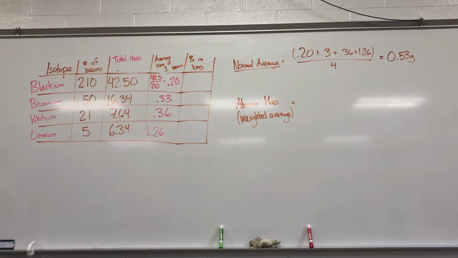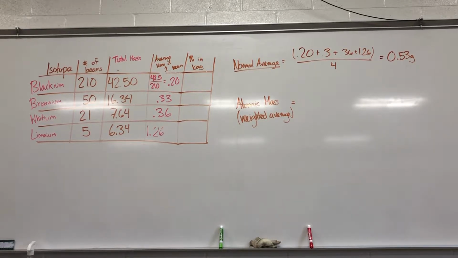Now, the reason why we don't use a normal average when we're talking about the mass of isotopes is because it doesn't give you the best picture. What that number should represent is that if I reach into my bag of beans, pull out a bean and put it on the scale, on average, it should weigh 0.53 grams, according to that number.